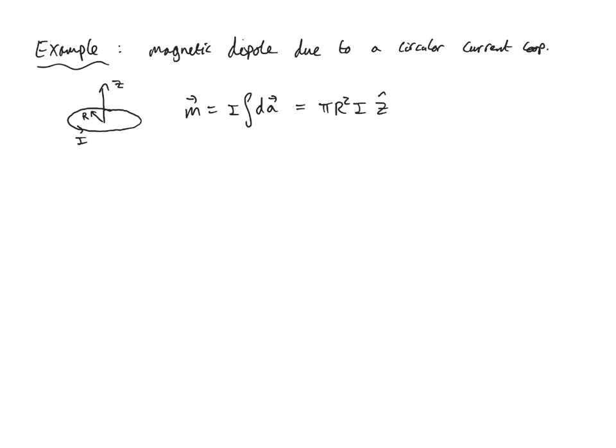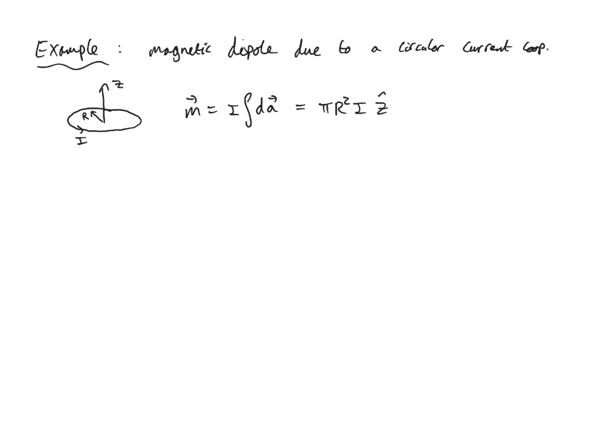So if we're looking a long way away from this current loop, we'll see a magnetic field that is approximately given by the dipole term of the expansion. And when I say far away, we've always got to be careful. We're scientists, so we should be precise. So when I say far away, I have to think about a dimensionless quantity that is large.